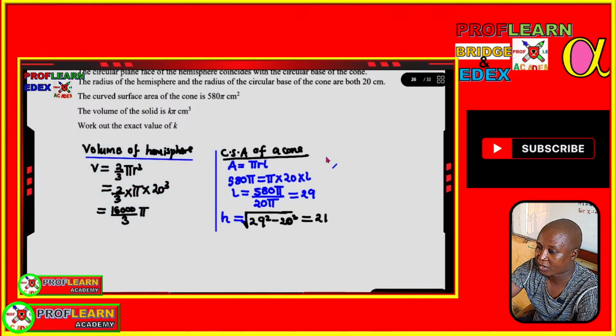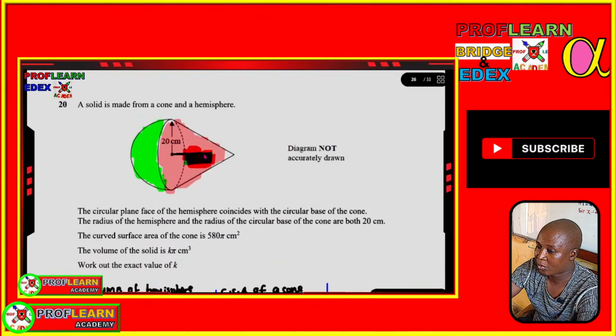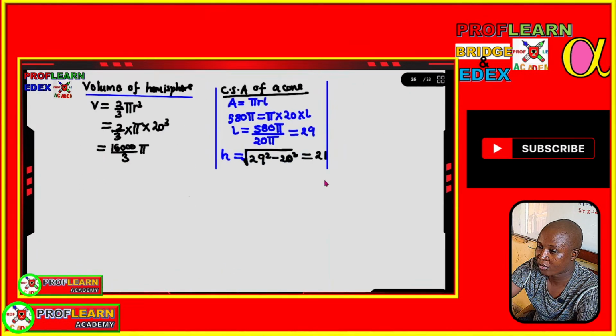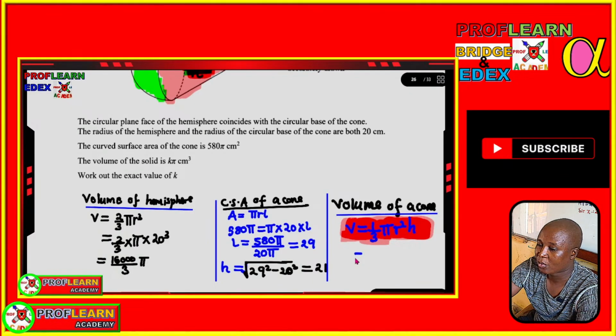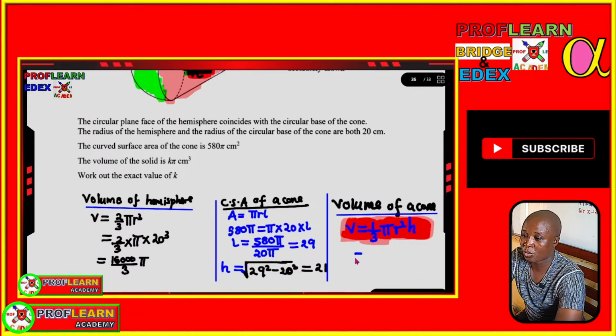And let me just move this so that we can have enough space, and then we can continue working it out. So that we have gotten the height, so we can work out the volume of the cone, which is usually a third base area times height. The base is circular, so this is going to be a third pi r squared h.